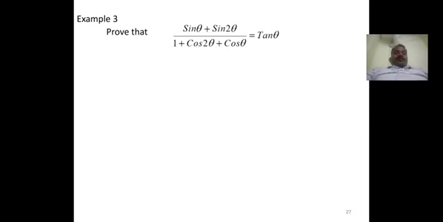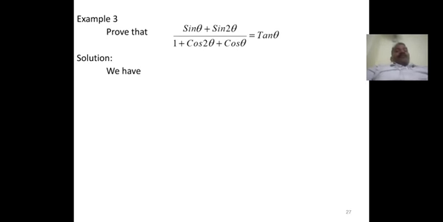Now similarly, for the next one, sin theta plus sin 2 theta by 1 plus cos 2 theta plus cos theta equals tan theta. Same principles here also: take the LHS part, that is sin theta plus sin 2 theta by 1 plus cos 2 theta plus cos theta.